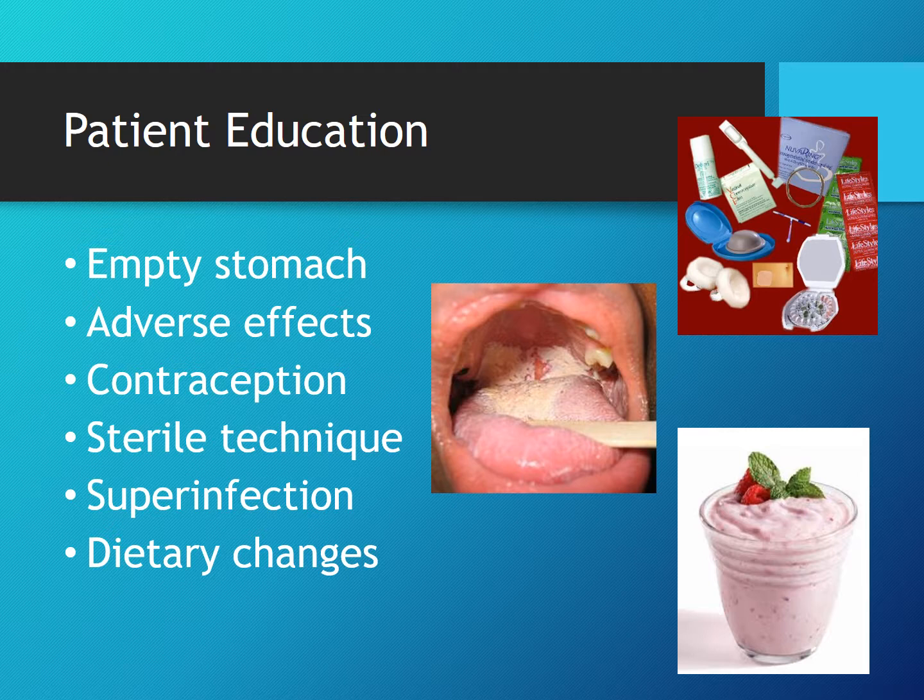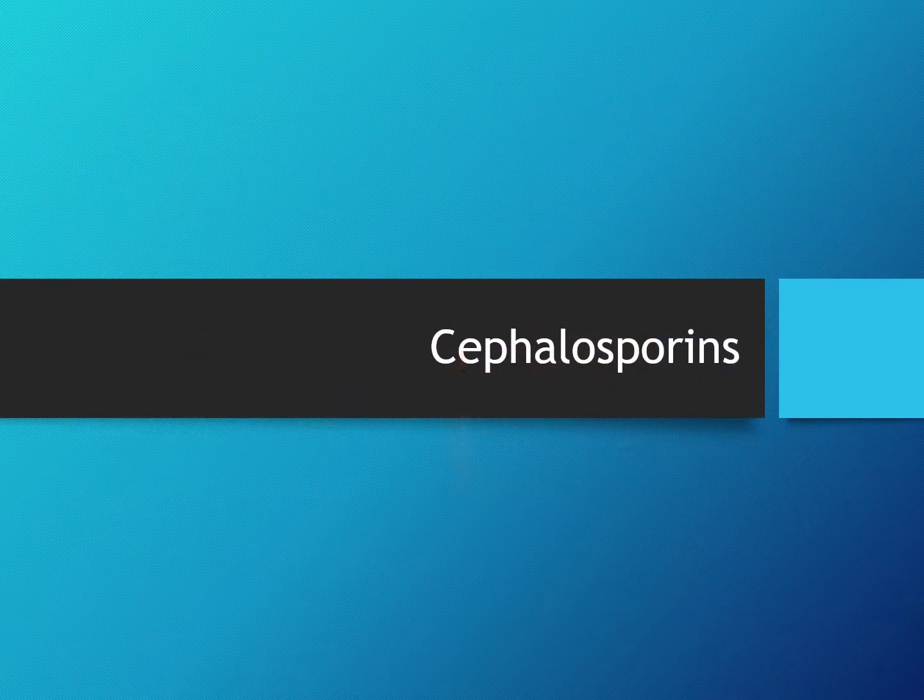And dietary changes, and essentially that's what we might add is more yogurt, more probiotics to the diet while someone is taking penicillins. All right, so we're going to take a look at cephalosporins.